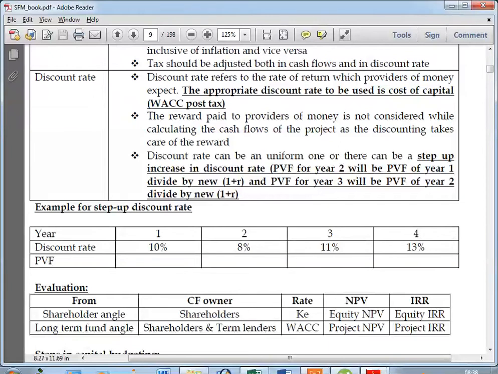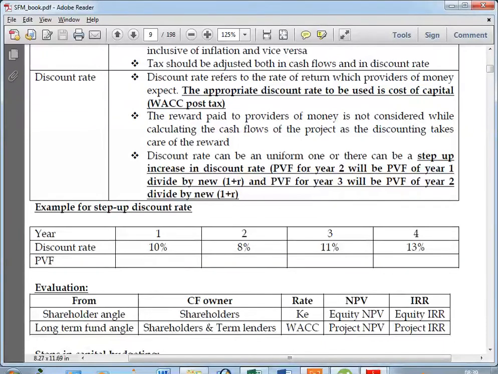Step up discount rate. First one will be 0.909, 1 divided by 1.10. For the second year, it will be 0.909 divided by 1.08.